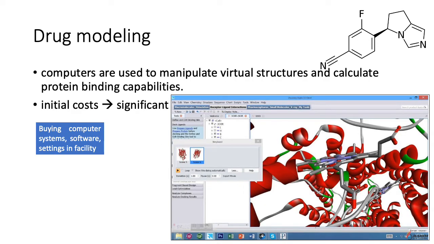In the drug modeling approach, computers are used to find drugs that could bind to certain structures, and those structures would be enzymes, receptors, transporters. So they use computers to calculate which structures could in fact bind or fit into certain binding sites on that structure, and you could calculate the strength of binding of those compounds.